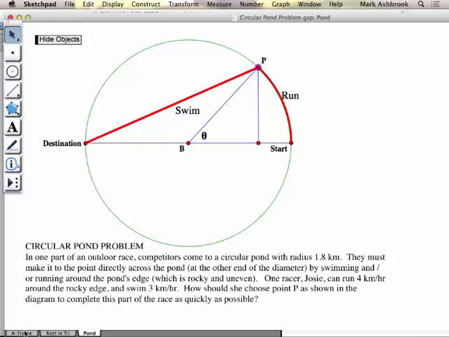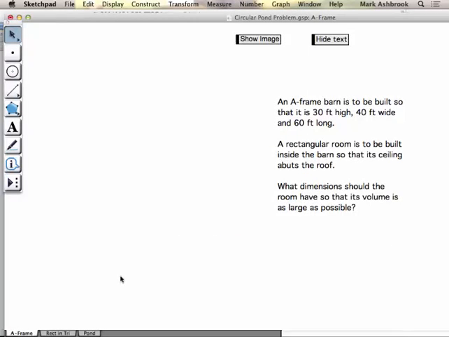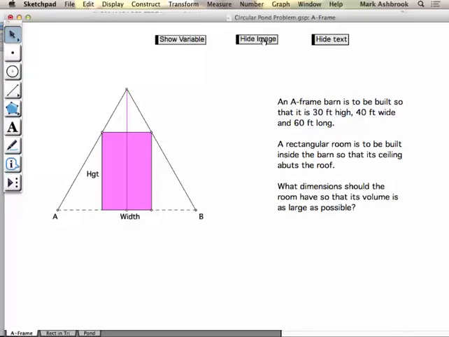So just quickly, here's another problem. An A-frame barn is to be built so that it's 30 feet high, 40 feet wide, and 60 feet long. And we're going to build a rectangular room inside the A-frame. So the height is 60. The total height from here to here is 60.